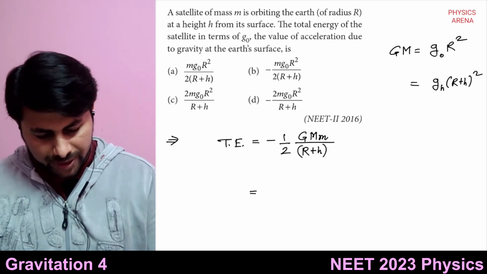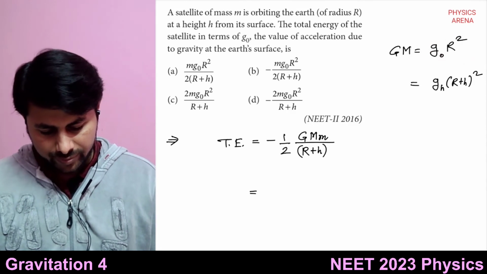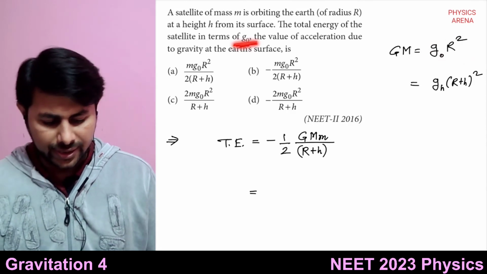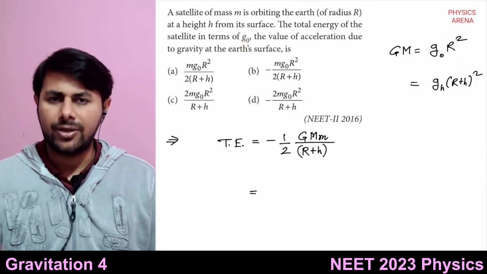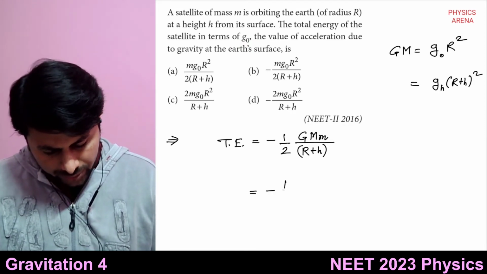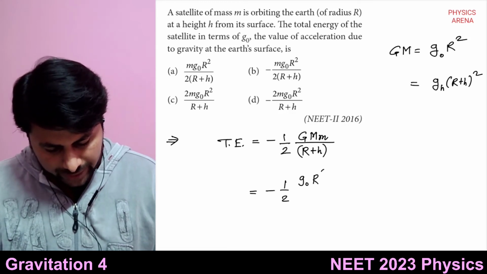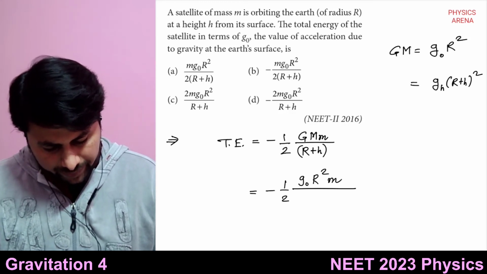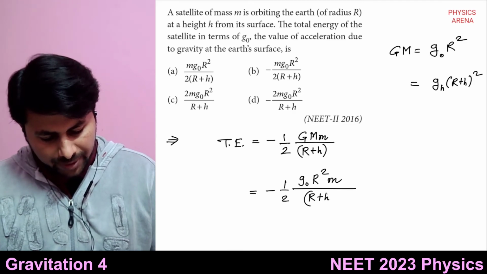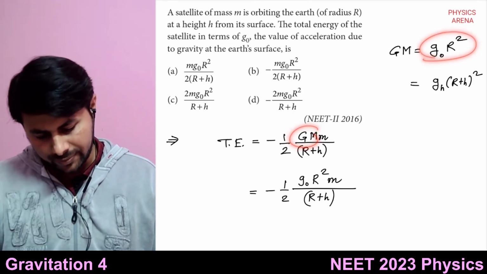Out of these two, this one is what we have to use, because they are asking in terms of acceleration due to gravity on Earth's surface. So it is minus half of GM, which is g naught multiplied by R squared, into m divided by R plus h. In place of GM, I am substituting this.